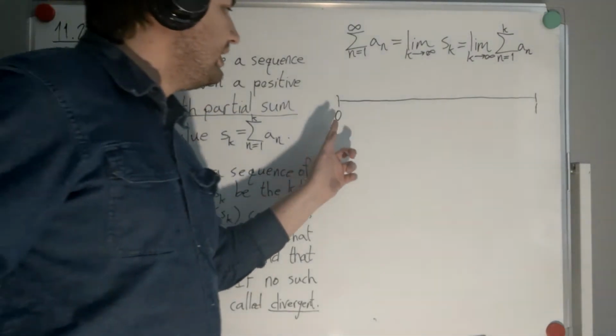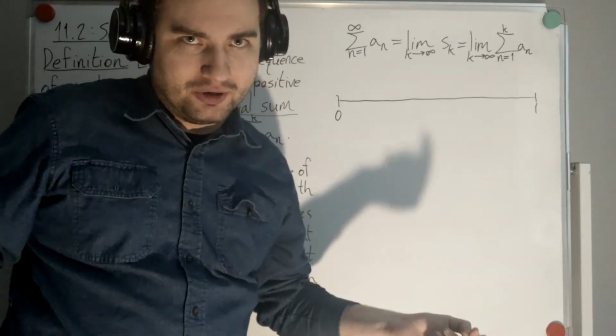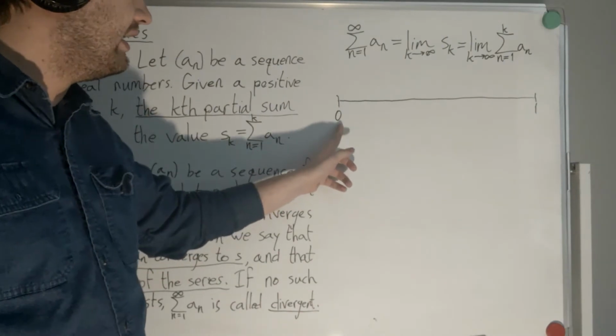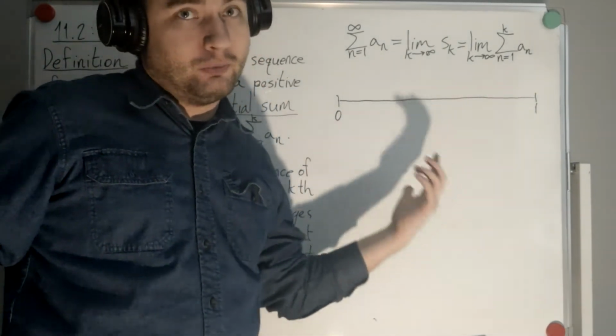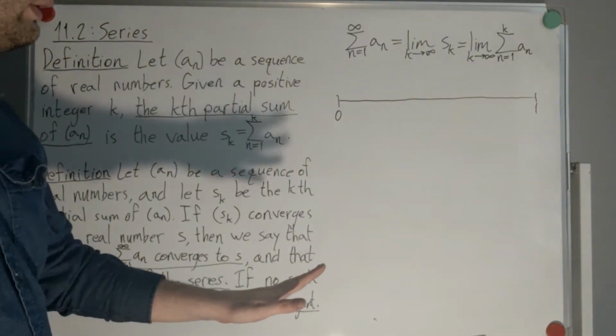So presumably it would take you 1 second to get from here to here, right? Or 1 hour, or whatever unit of time you're using. Let's say seconds. It'll take you 1 second if you move at 1 unit per second.